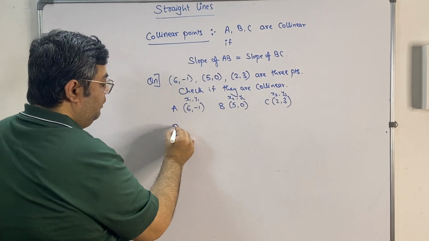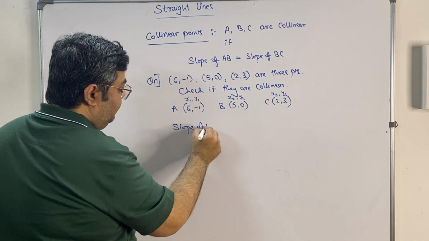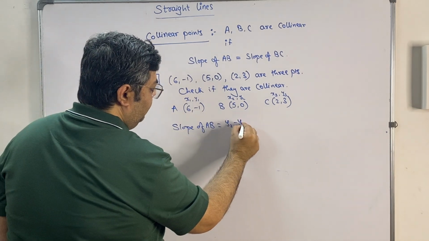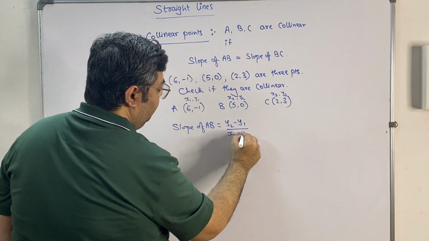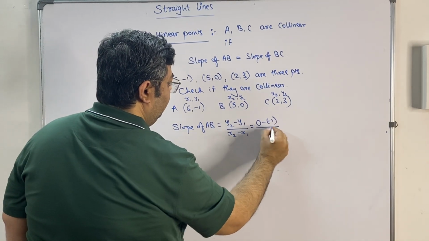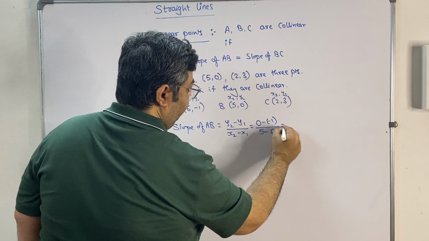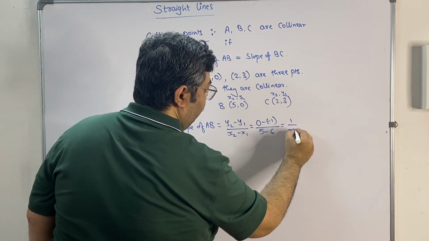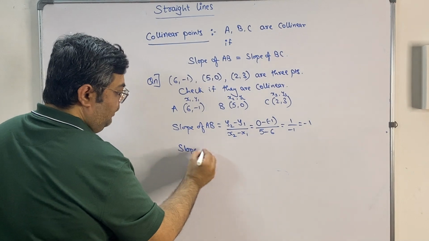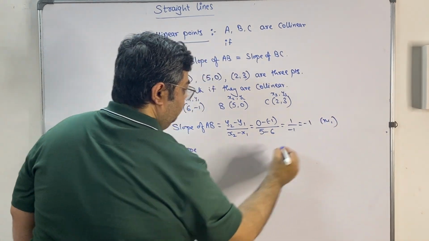So we check the slope of AB. We can find the slope of all three. y2 minus y1 over x2 minus x1, so that is 0 minus of minus 1 over 5 minus 6. So that makes it 1 over minus 1. Let's call this slope m1.